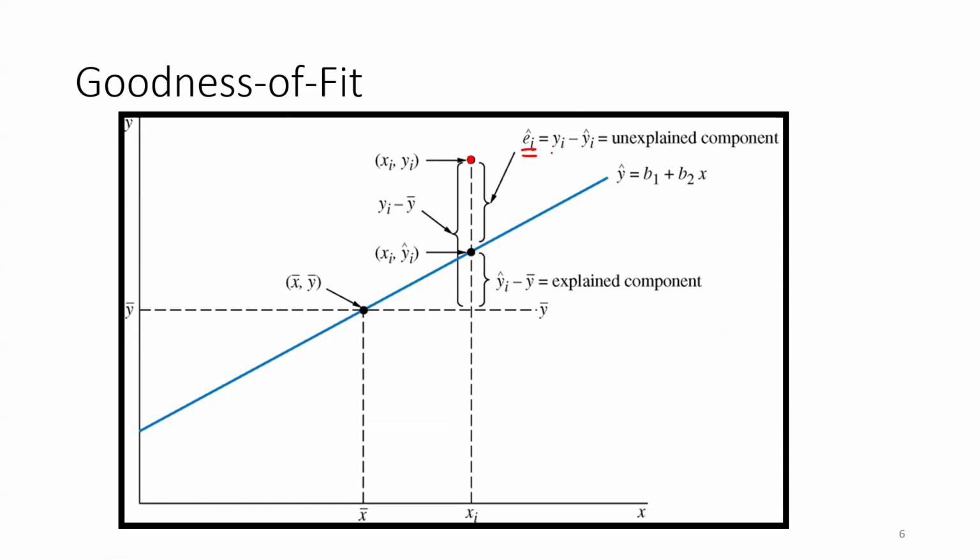So the difference between the real value and the forecast value, we call it error. So it is the unexplained component.